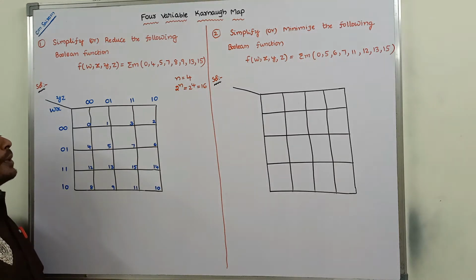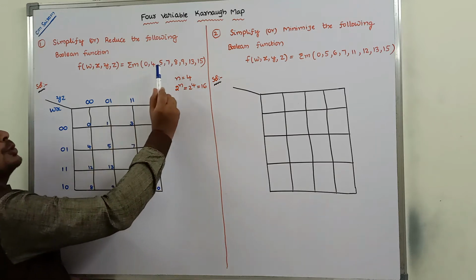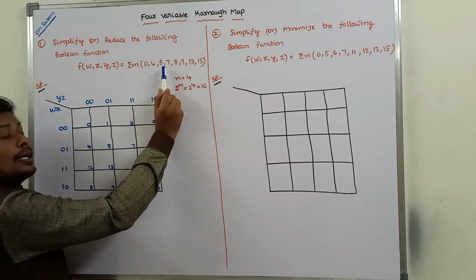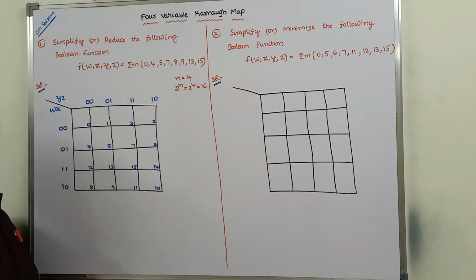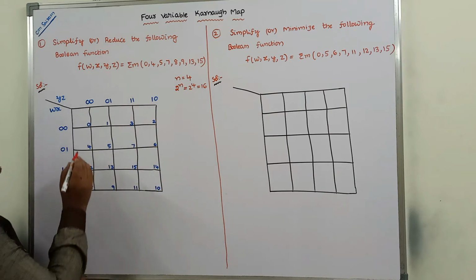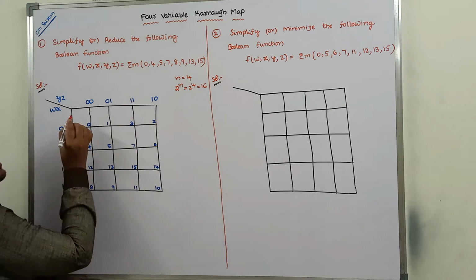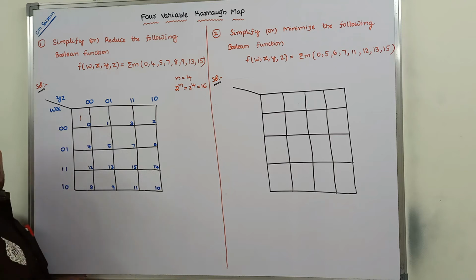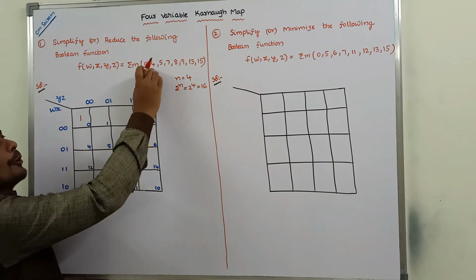Once we have represented each and every cell by the corresponding decimal equivalent, we place these minterms at the corresponding cells by inserting the value 1. First, the 0th minterm. The corresponding cell is here, we insert 1. Next, 4.